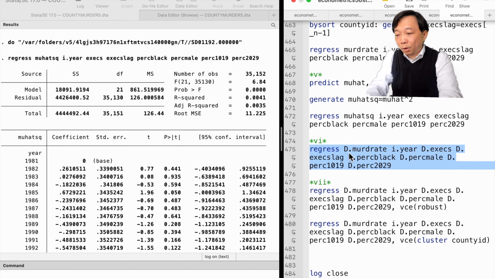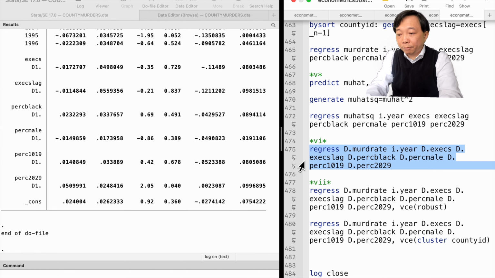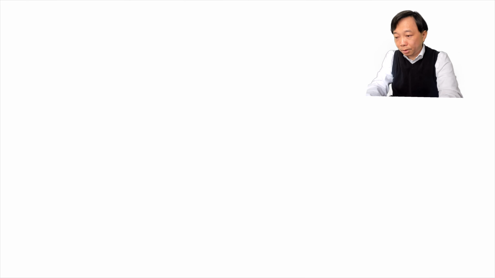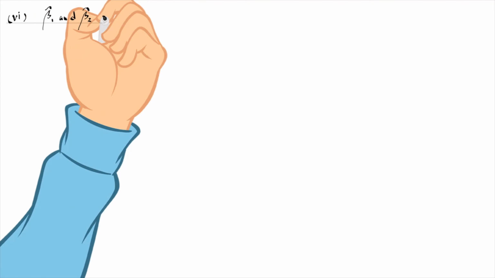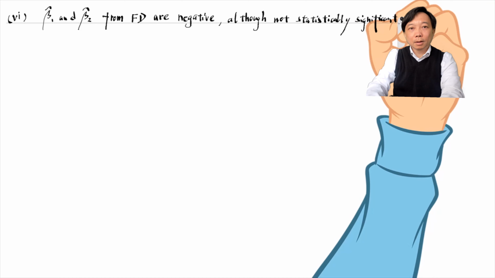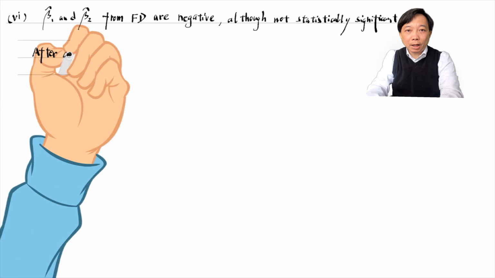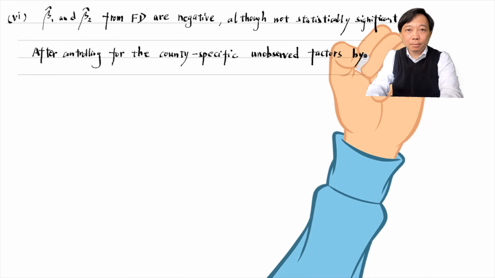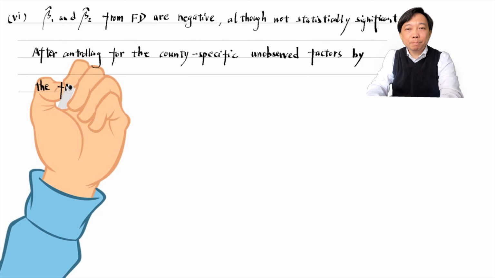The estimates for beta 1 and beta 2 from the first difference equation are negative now, although not statistically significant. After controlling for the county-specific unobserved factors by the fixed effects, the estimates have the expected signs.